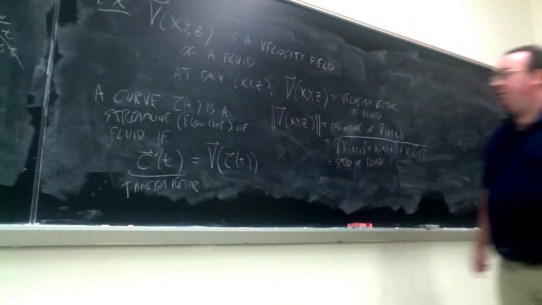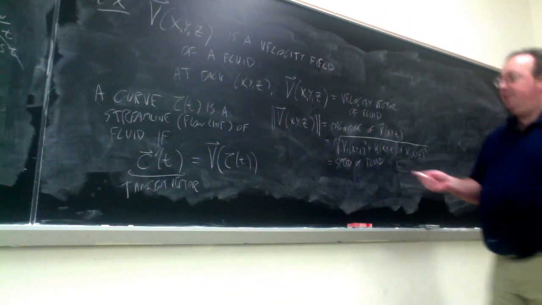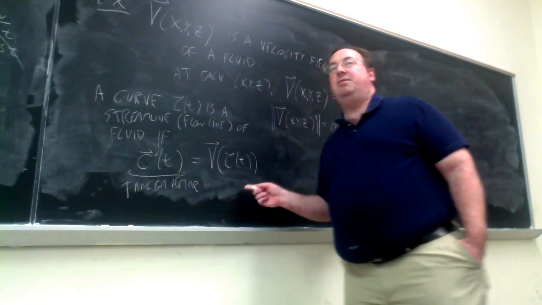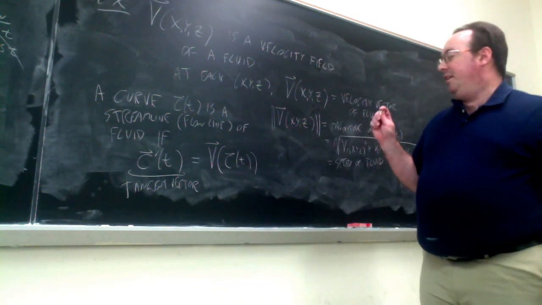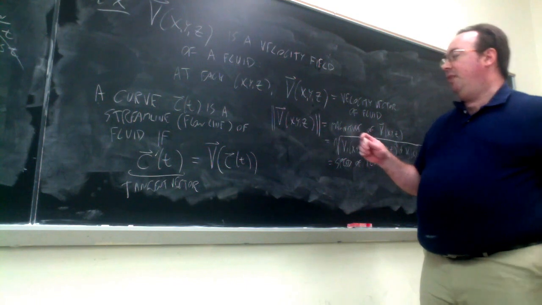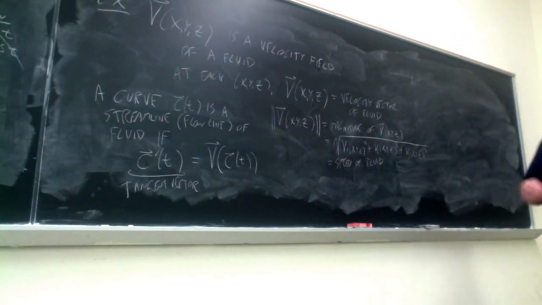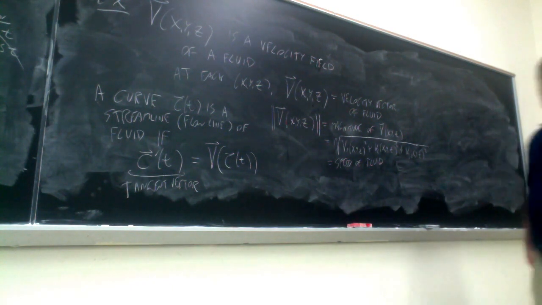So given a velocity field v, if you were to solve this differential equation, for instance, then you could plot the curve C of t, and if you do this to plot several streamlines, that gives you a visualization of which direction the fluid is moving in.